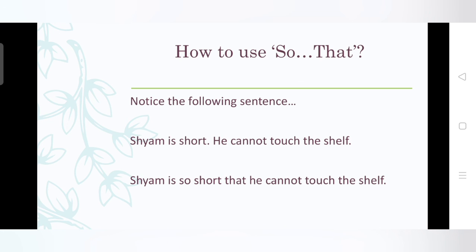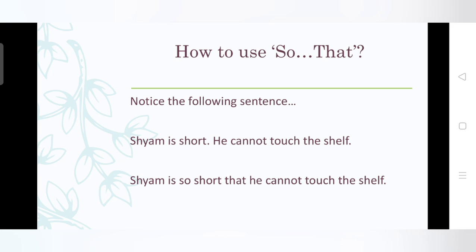Notice the following sentences given here. Shyam is short. He cannot touch the shelf. See, look, these are the two sentences. And if I want to join these sentences using the words so that, what should I do?